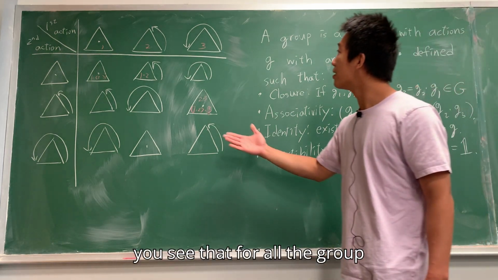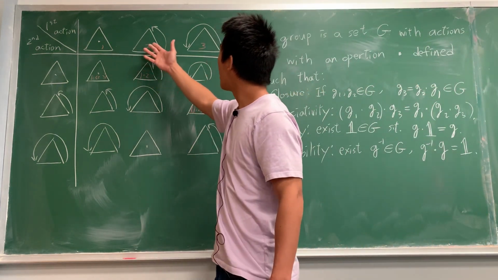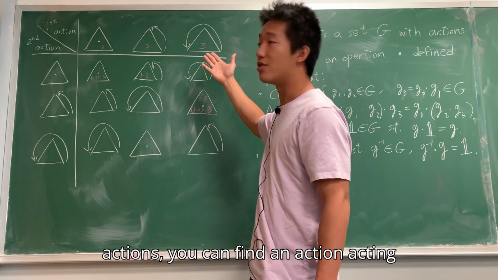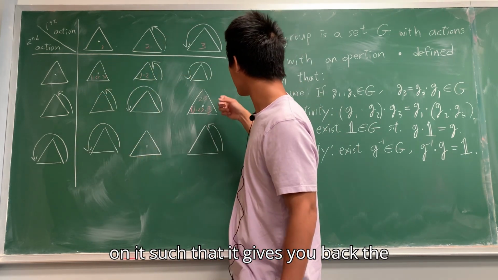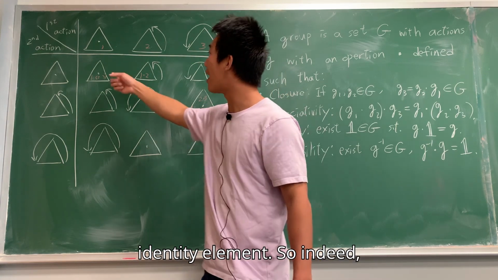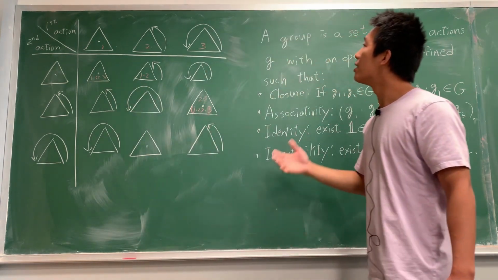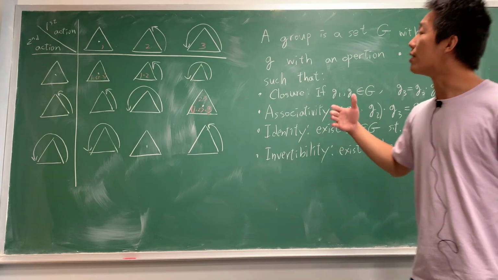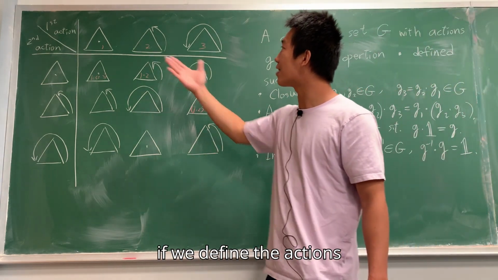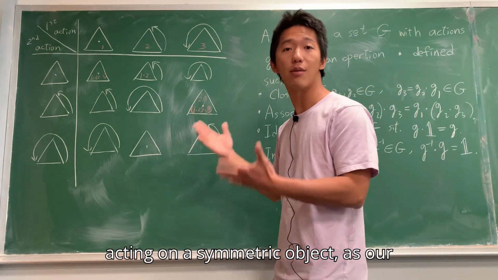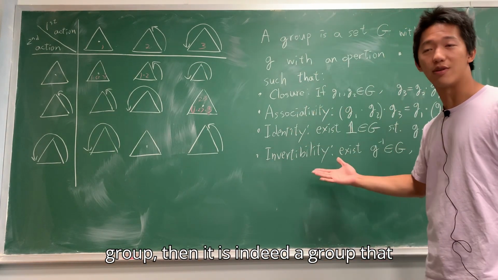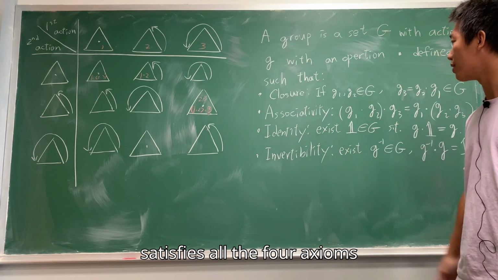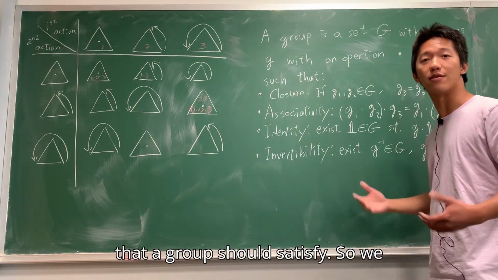So you see that for all these three actions, you can find an action acting on it such that it gives you back the identity element. So indeed, if we define the actions acting on a symmetric object as our group, then it is indeed a group that satisfies all the four axioms that a group should satisfy.